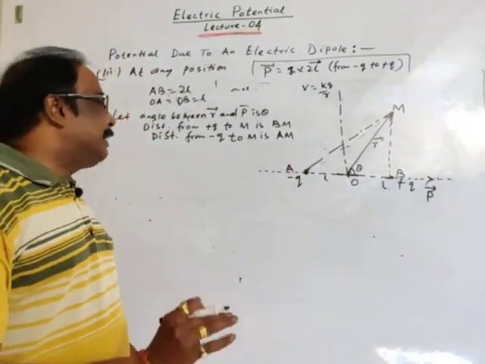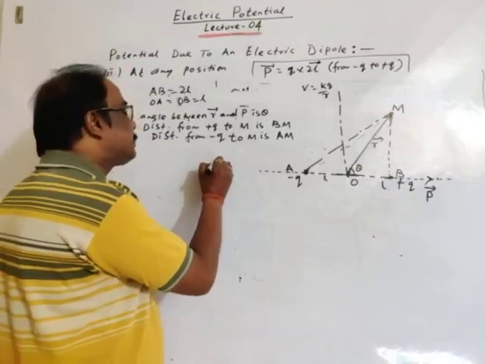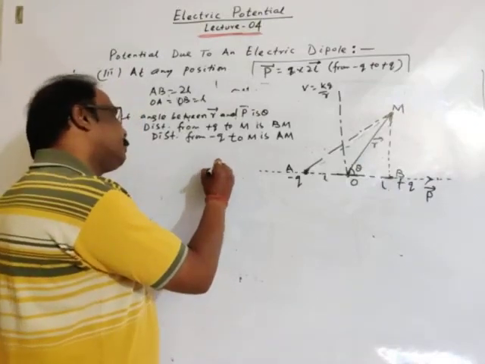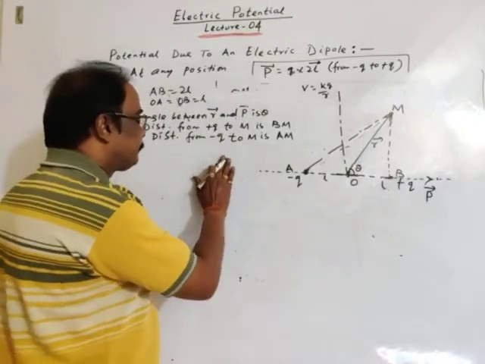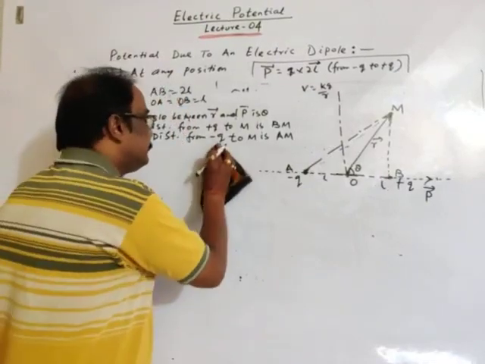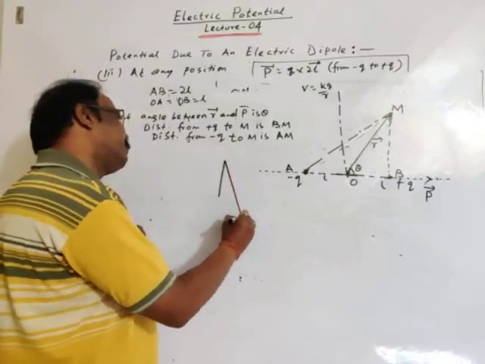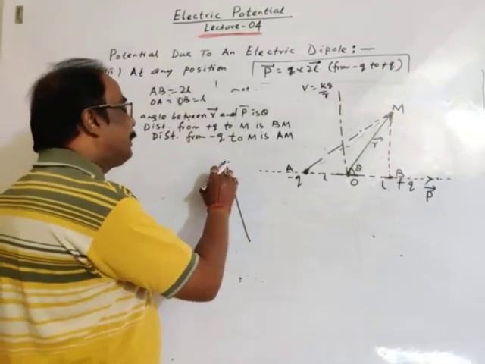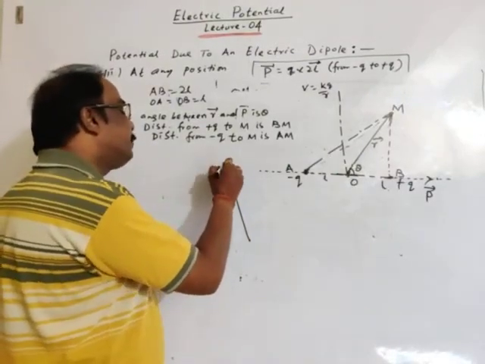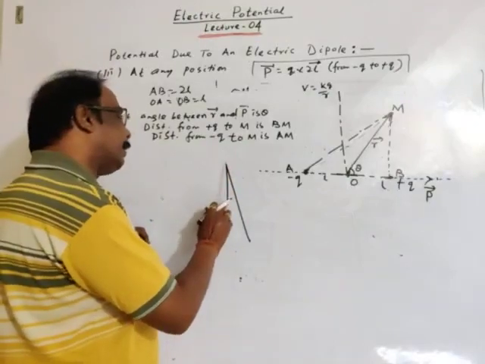Okay. Now a simple consideration, you just see. Suppose these are two straight lines. I am making the angle very small. These are two straight lines.